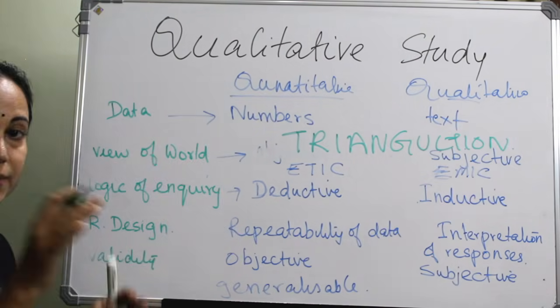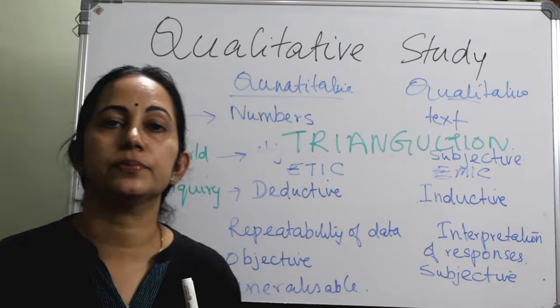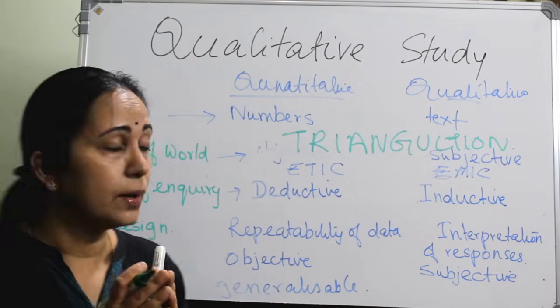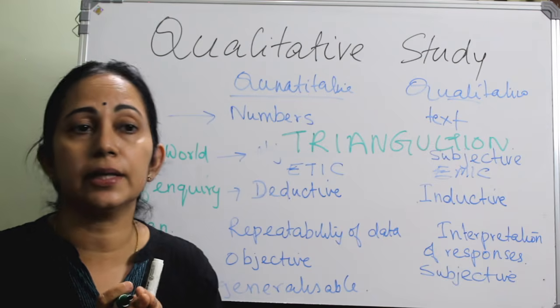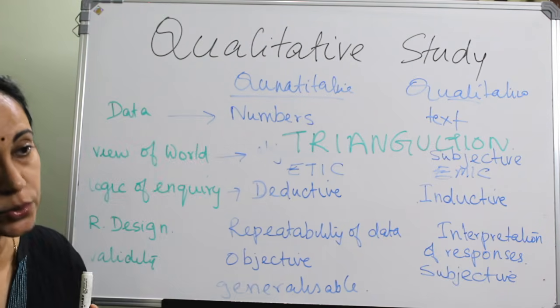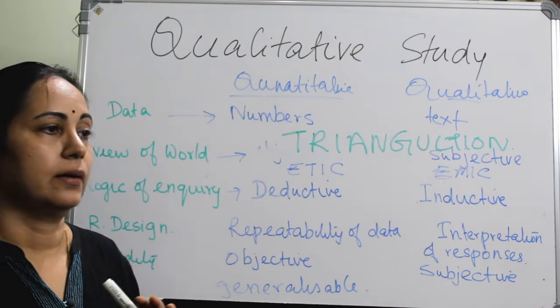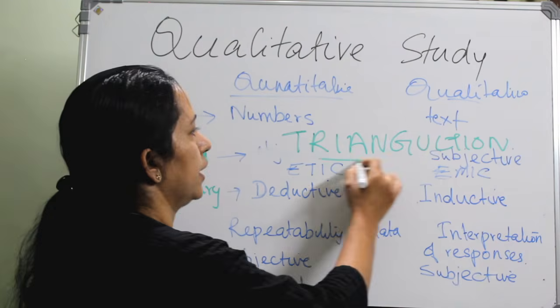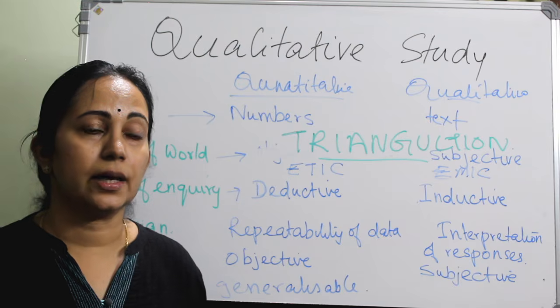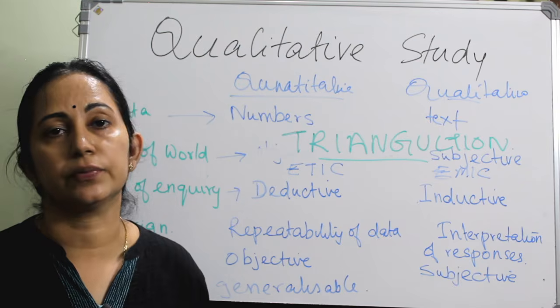That is mixing different types of study designs, maybe qualitative and quantitative, depending upon the need, the type of study and your research question. Mixing different study designs is called triangulation. That increases the validity and also the strength of the studies.